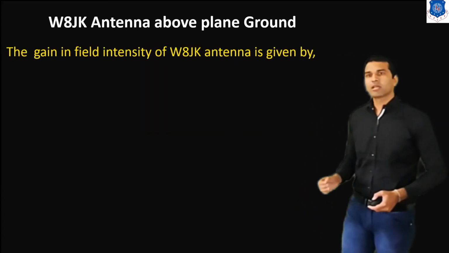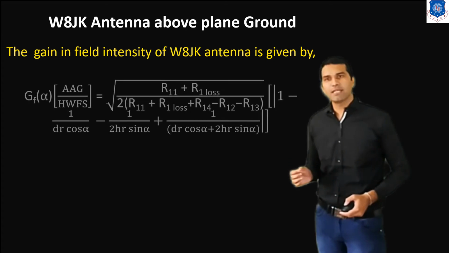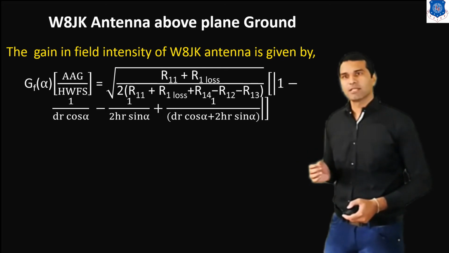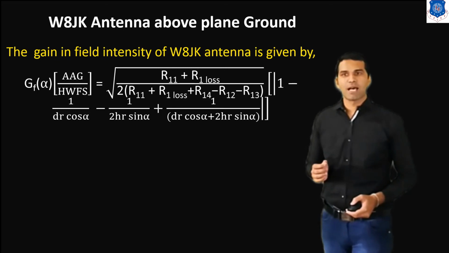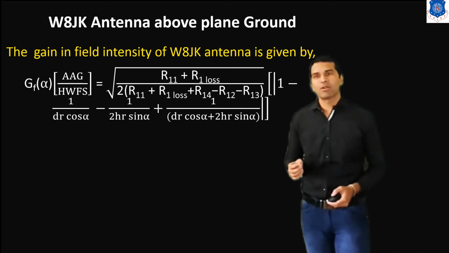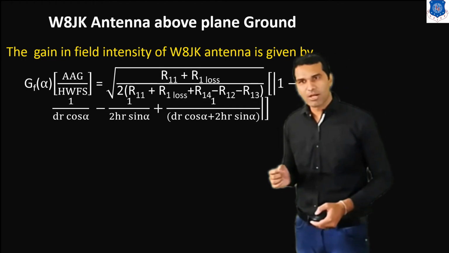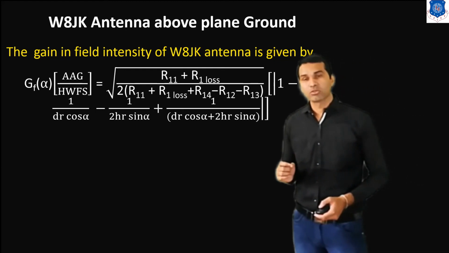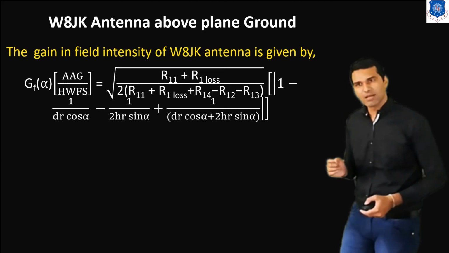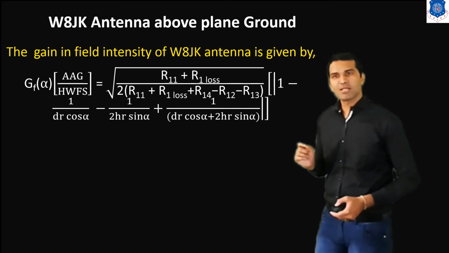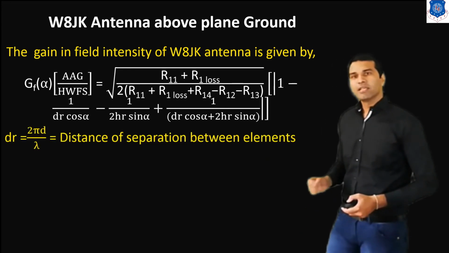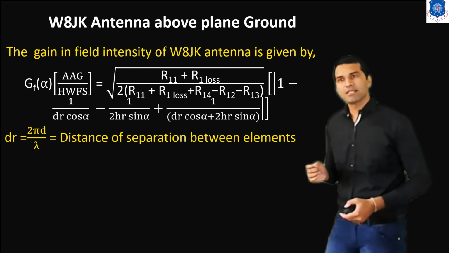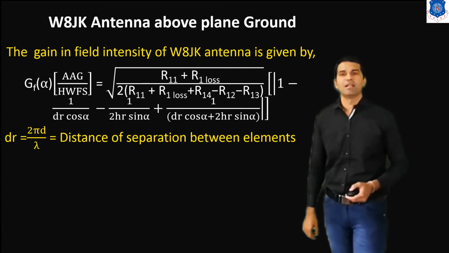Now, the gain in field intensity of the W8JK antenna is given by GF = √[(R11 + R1loss) / (2R11 + R1loss + R14 − R12)] × [1 − 1/(dr cos α − 2hr sin α) + 1/(dr cos α + 2hr sin α)]. Here dr is nothing but the distance of separation between the elements, and we can write it in terms of the wavelength as 2πd/λ.